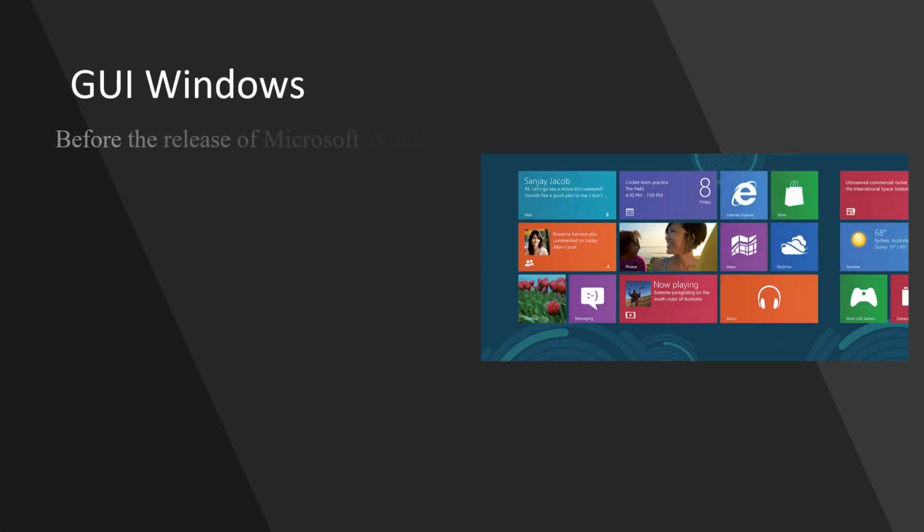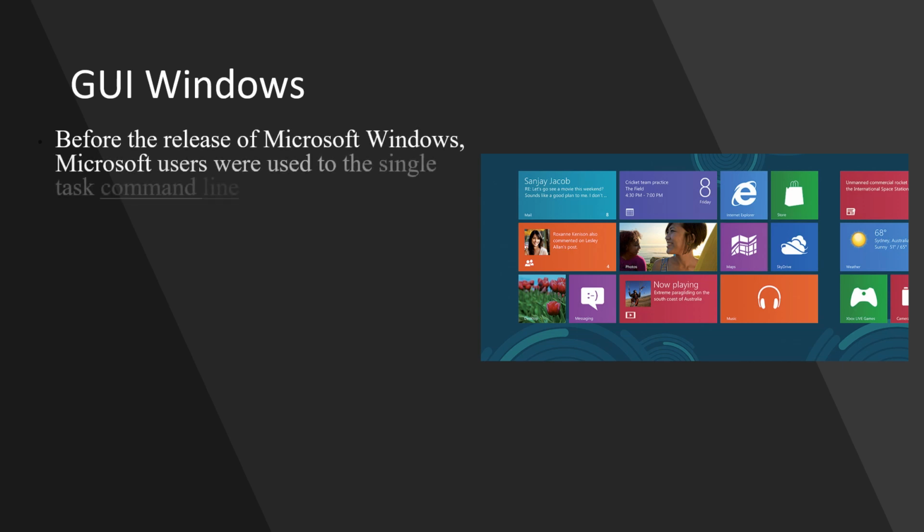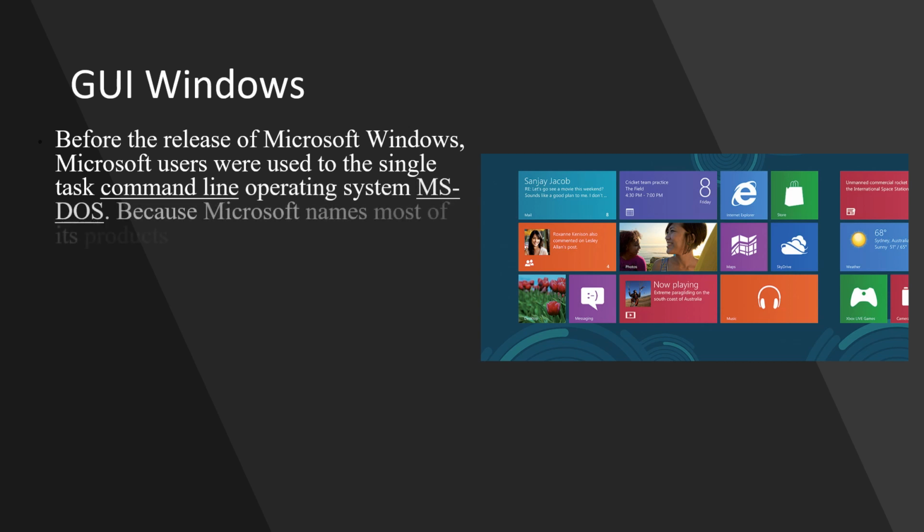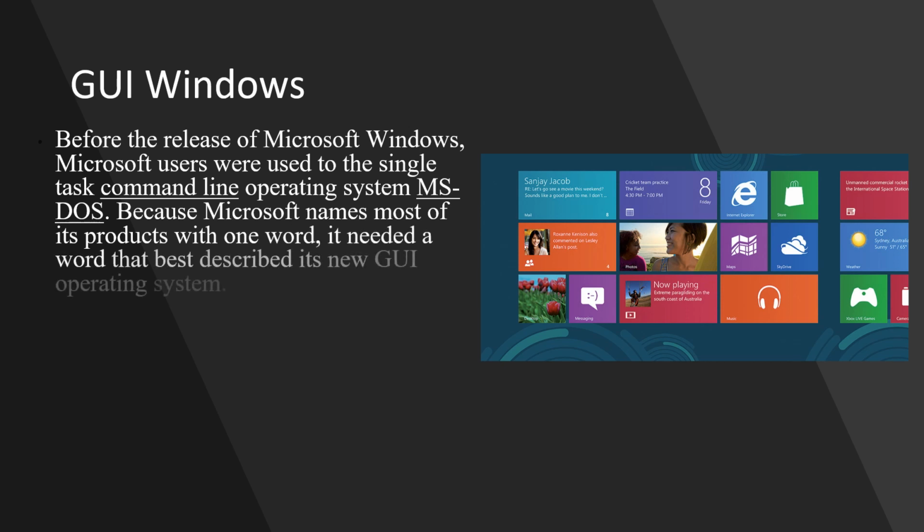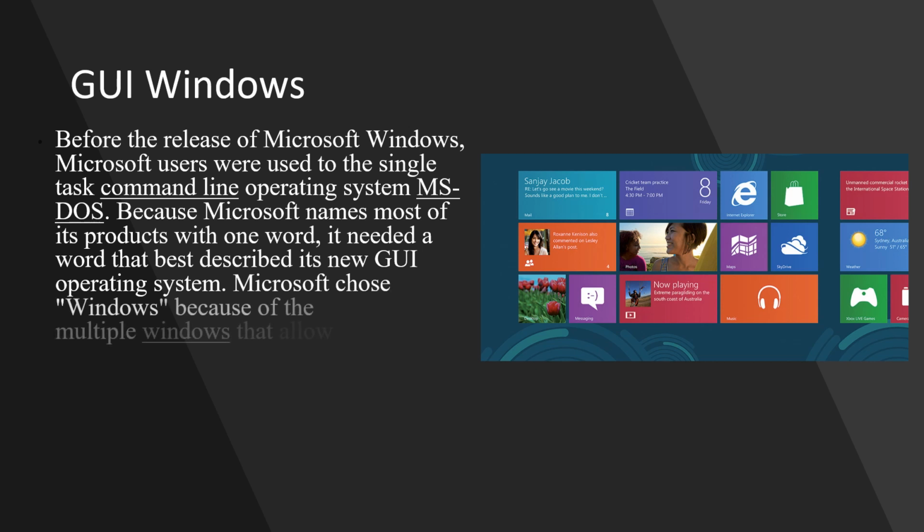Before the release of Microsoft Windows, users were used to the single-task command line operating system MS-DOS. Because Microsoft names most of its products with one word, it needed a word that best described its new GUI operating system.